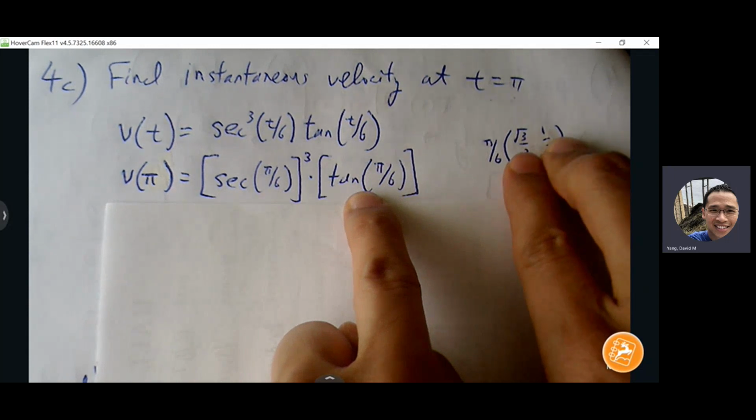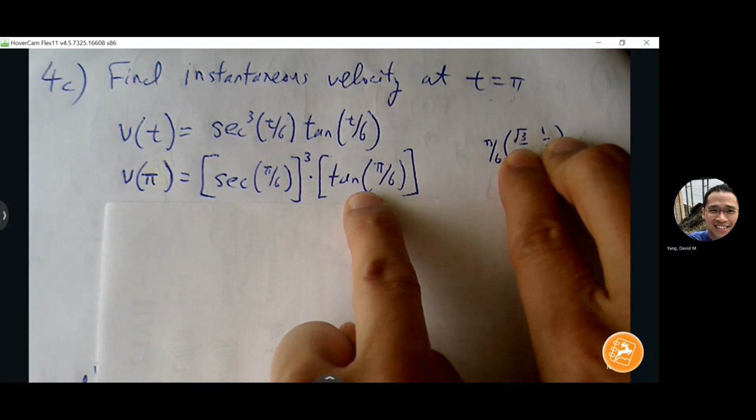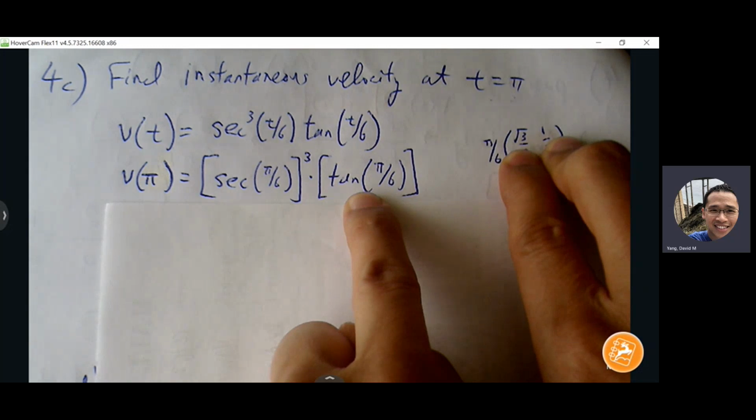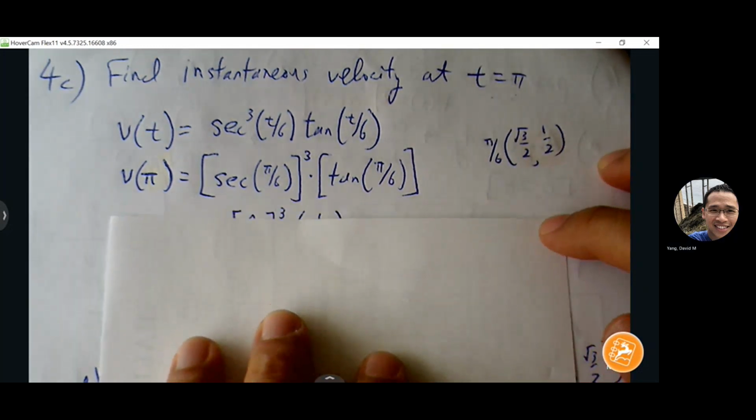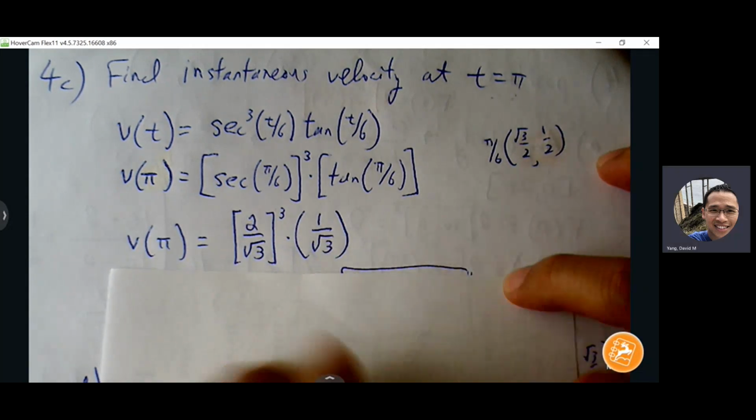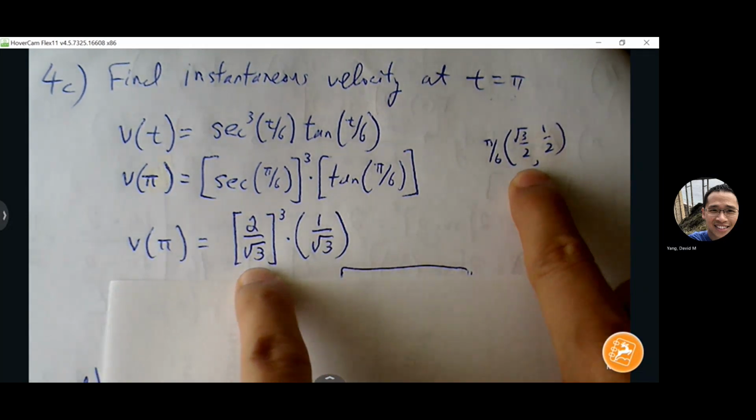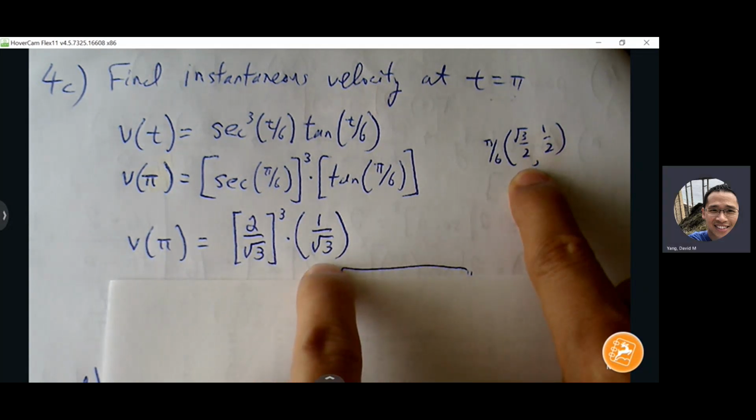What's the tangent of pi over 6? Yeah, so y over x, right? So 1 over root 3 or root 3 over 3, either way. So there's my cosine flipped. And there's my tangent. You can do root 3 over 3 or just 1 over root 3, either is fine.